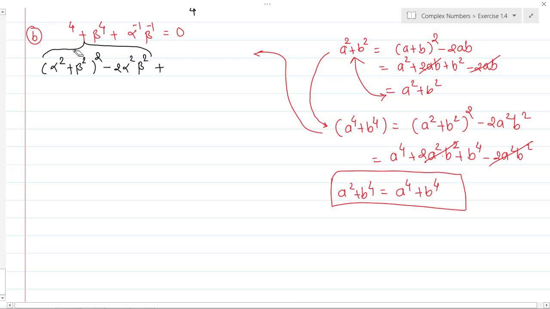Are you getting this? So this is what alpha square is, alpha to the power 4 is. So the remaining part is what? This is what we have remaining. This is nothing but alpha to the power minus 4 and beta to the power minus 4, meaning this is the inverse. So I can write it like this: 1 by alpha beta.